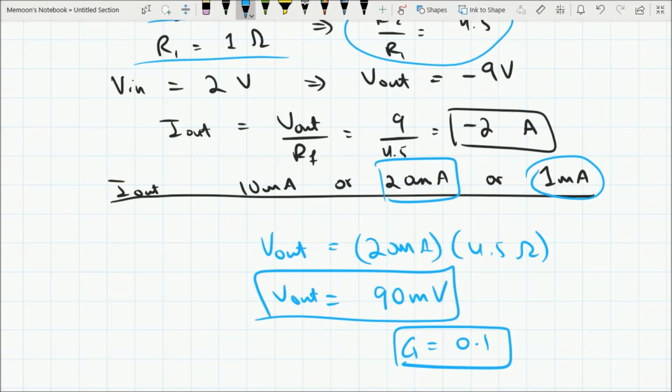So these are the few things that need to be kept in mind. And now we are actually starting towards developing analog signal conditioning circuits using these operational amplifier circuits.